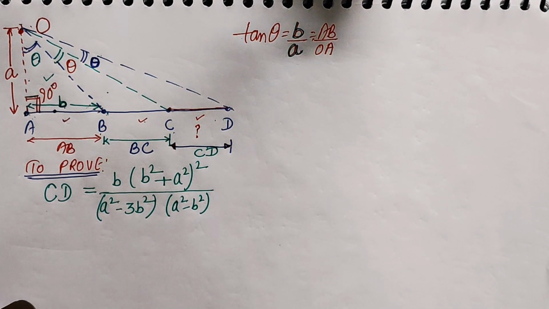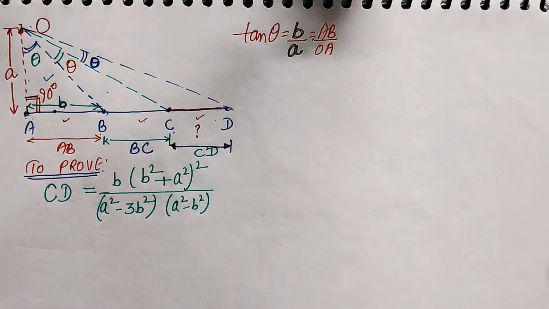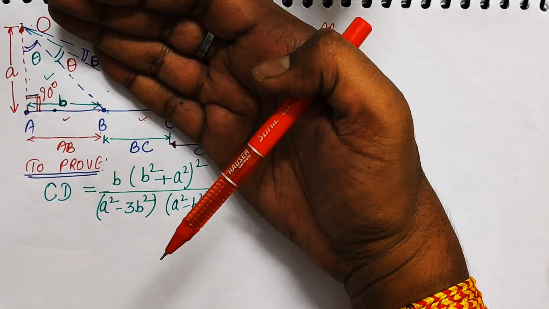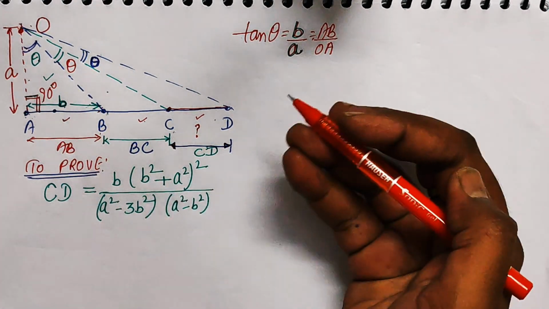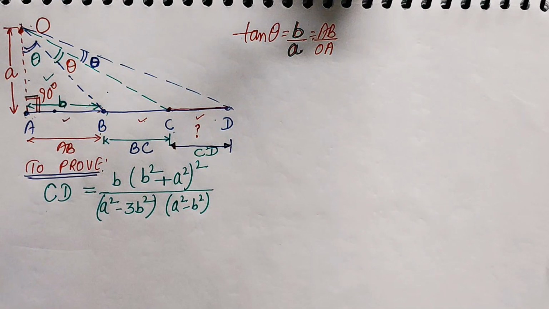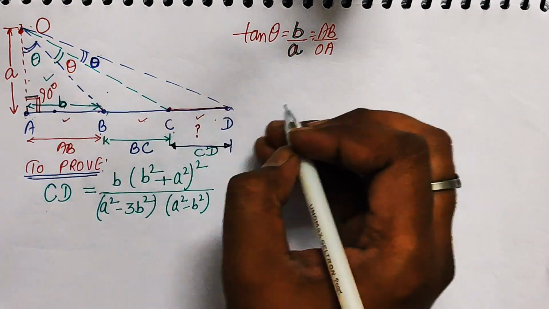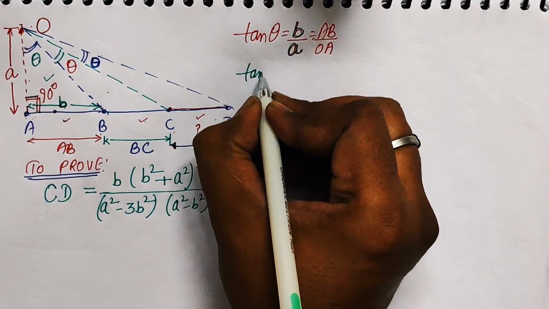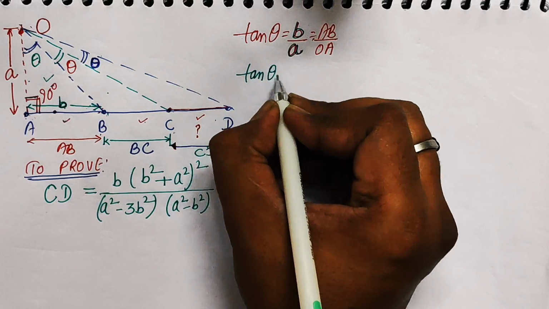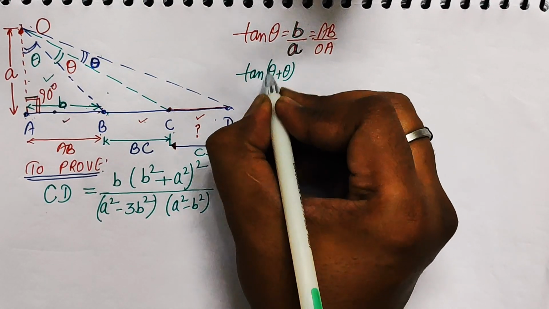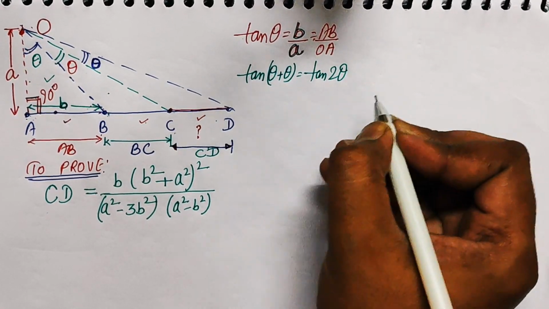Now similarly, if you consider triangle OAC, can we write tan of theta plus theta, which is 2 theta?